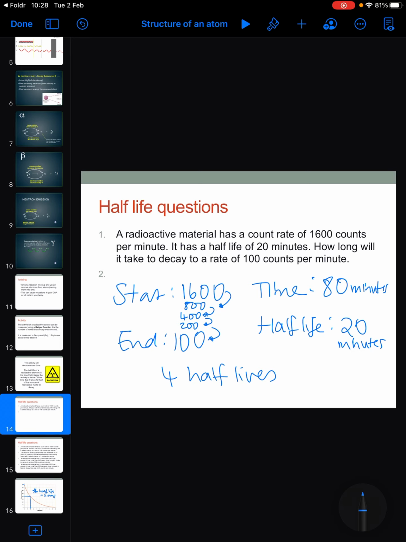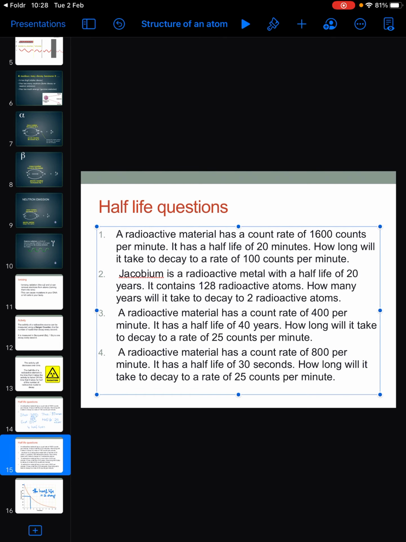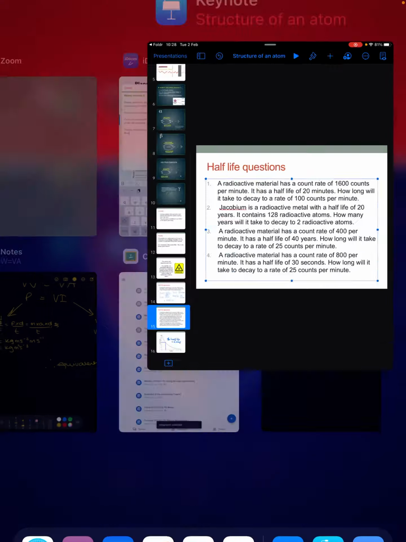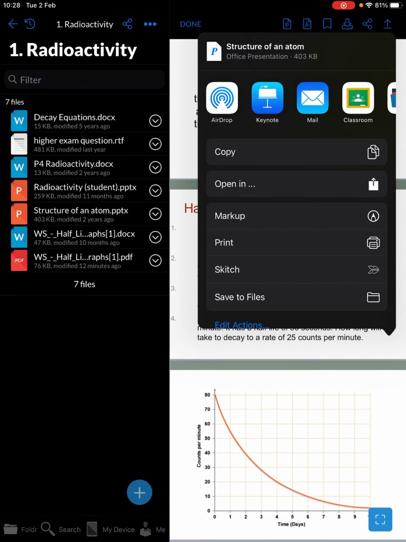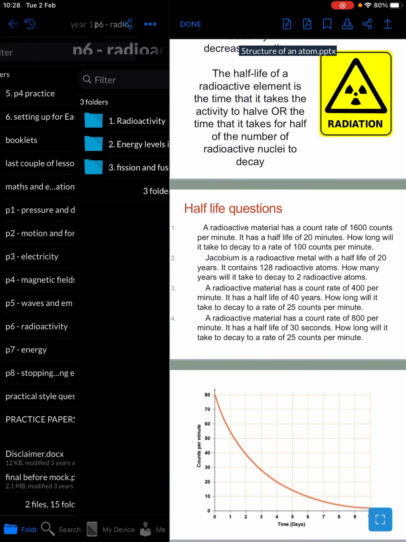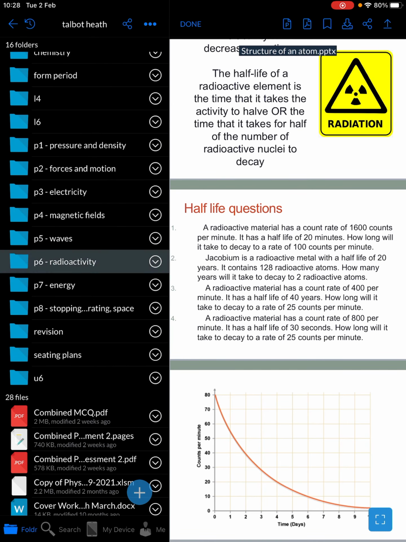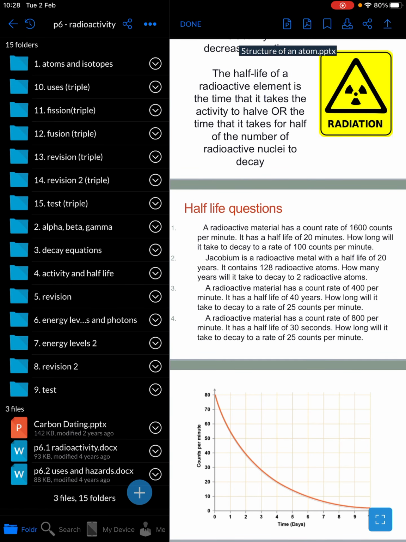Right, let's do another one and lay it out in the same way. Oh no, these are all very similar. Hang on, apologies, I'm going to go find another. Can you find another half-life question? You can see all my folders here. Radioactivity.